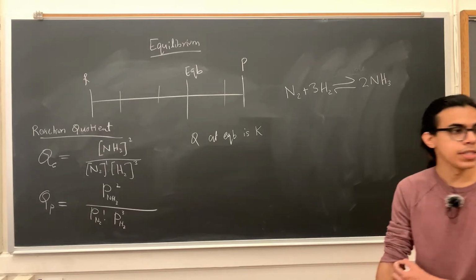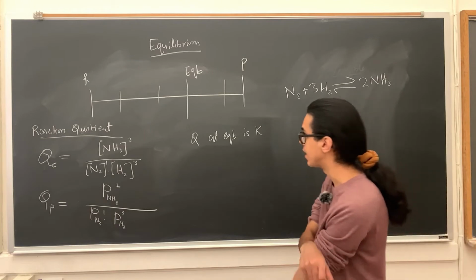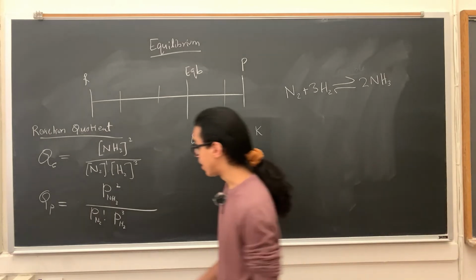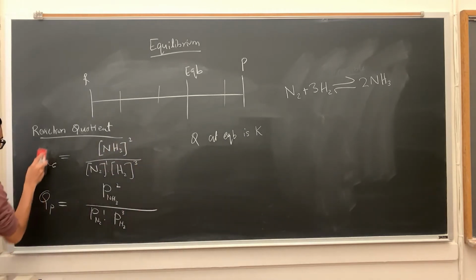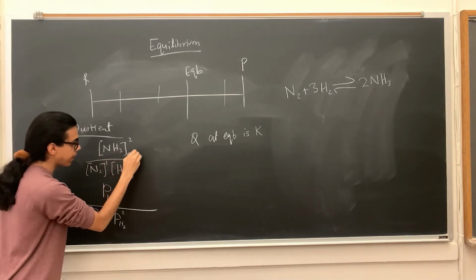And just like you have QC and QP, concentration versus pressure, you have KC and KP. Okay? So if I replace these Q's with K's, all I'm doing is inputting the equilibrium values.